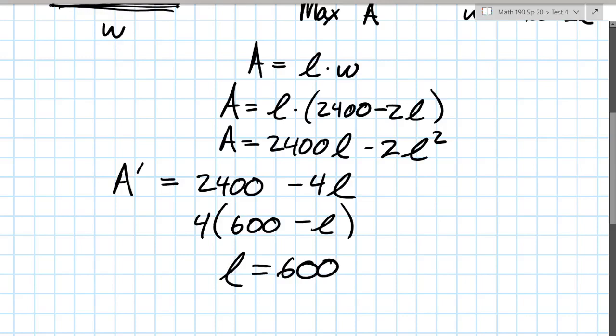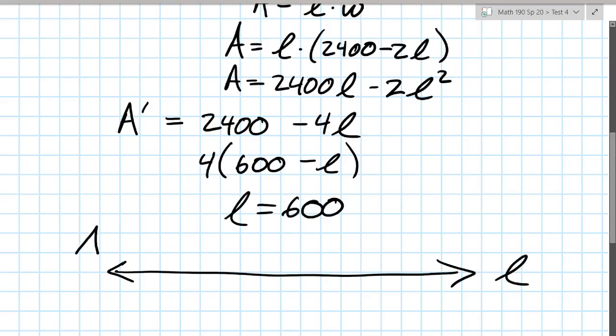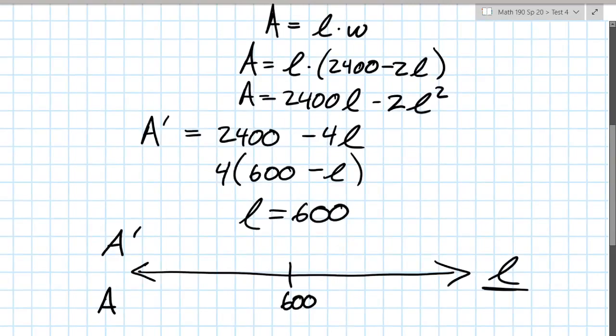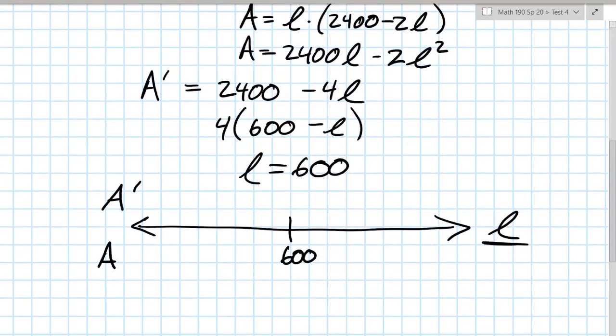Since L equals 600 is a critical value, we can use our number line and our min-max techniques to determine if this is a max. So here is 600. Now, our equation is all in terms of L, and we need to pay attention to the domain of A, that is, what values of L are allowed. Since L is a length, the smallest value for L that we could use would be 0.